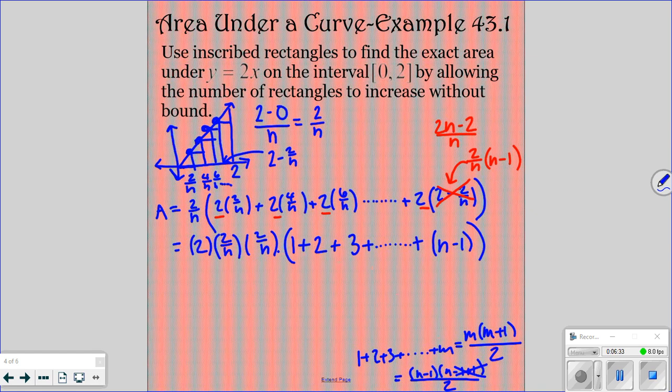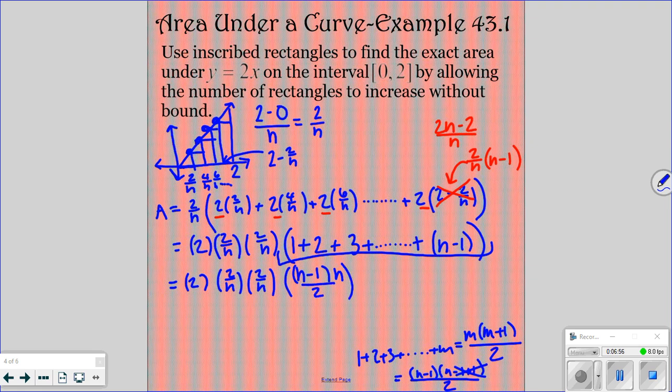So this whole thing here can be replaced with this formula that we just got, n minus 1 times n over 2. Okay, so that's what you're going to do first.